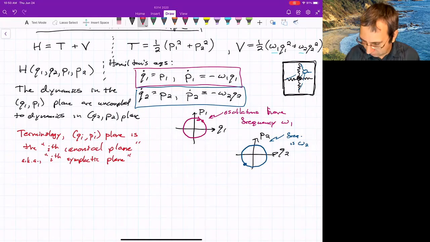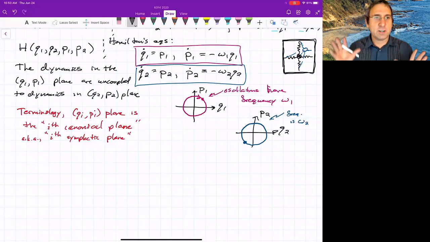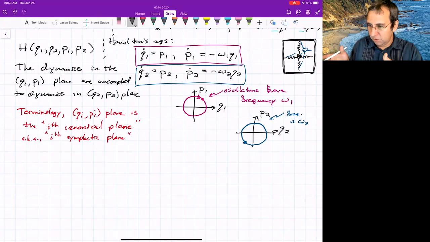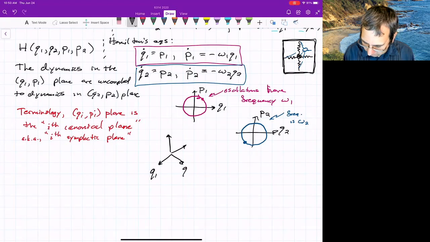Now, another way that we could look at this is if we were to look in the full 4-dimensional phase space, right? We've got Q1, Q2, P1, P2. Now, I can't easily draw 4 dimensions, but I could try. Right, here's Q1, Q2, P1, P2.